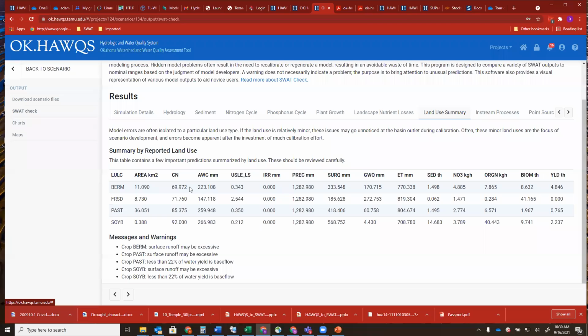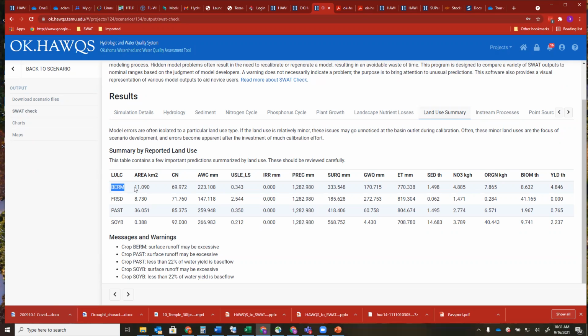And then open spaces are simulated as Bermuda grass. So whenever you see a B or M, that's basically an urban land use, but for the open space, simulated as a Bermuda landscape.